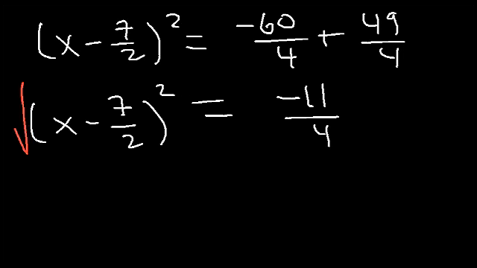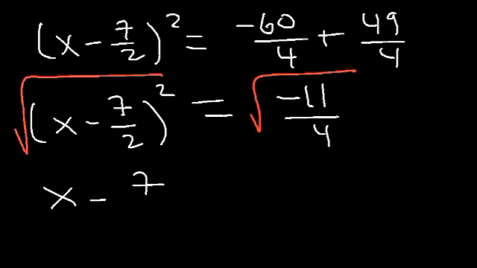So now, we need to take the square root of both sides. So on the left, it's going to be x minus 7 over 2. On the right side, the square root of a negative number is not a real number. So at this point, we have no real solutions. If you learned imaginary numbers in class, you do have an imaginary solution, but no real solution.